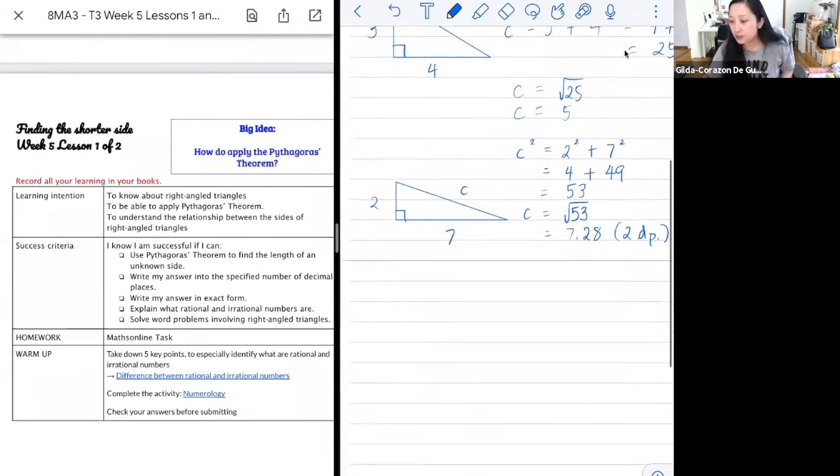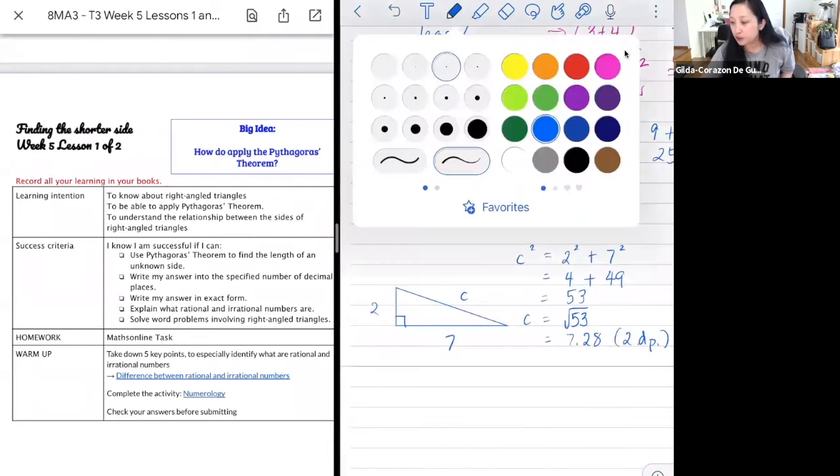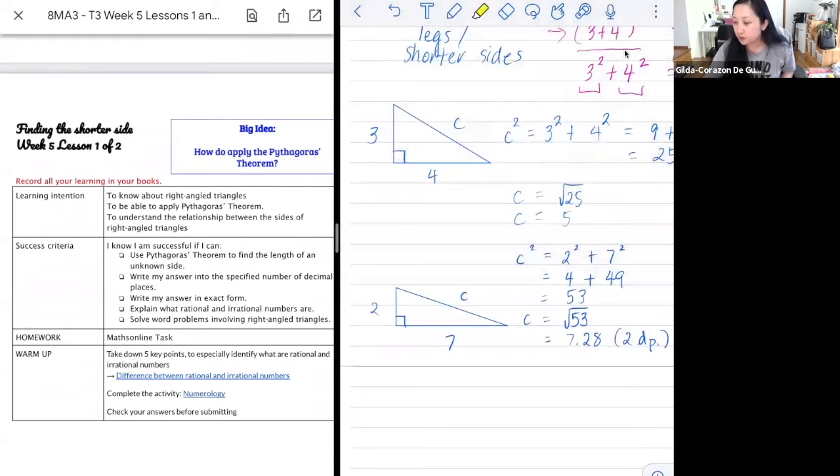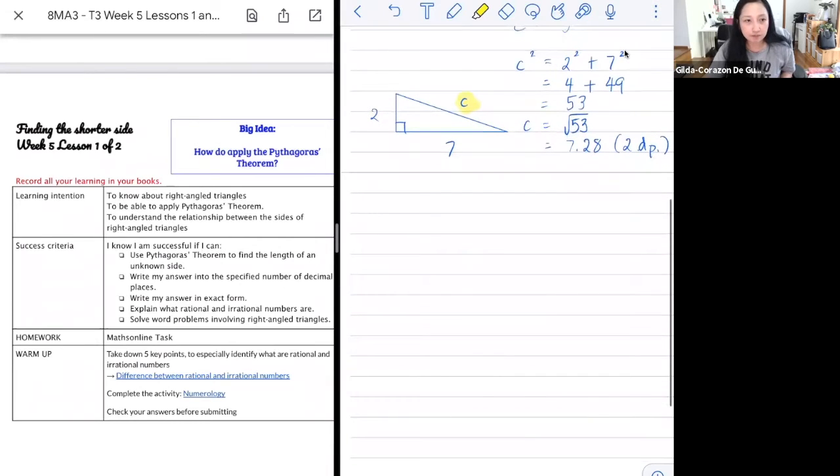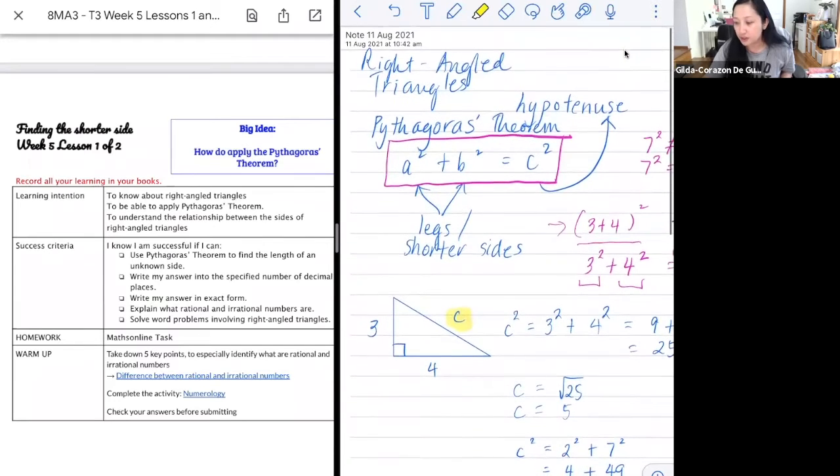Previously, we were looking for the longest side, the side that's opposite your right angle, or your hypotenuse. But this time, the one that's missing would now be one of the shorter sides. How do we do that? We'll have to play around with our Pythagoras theorem.